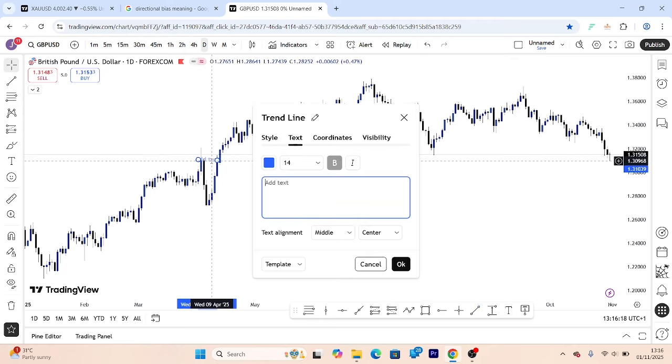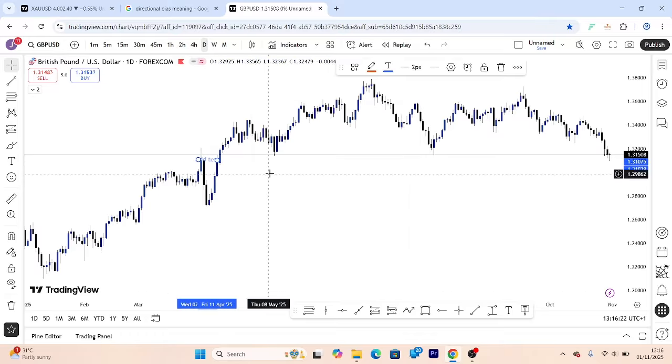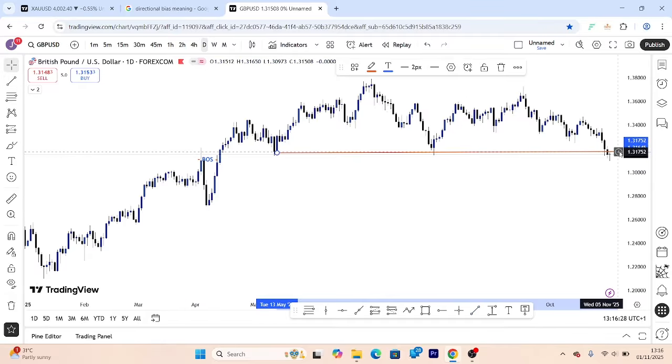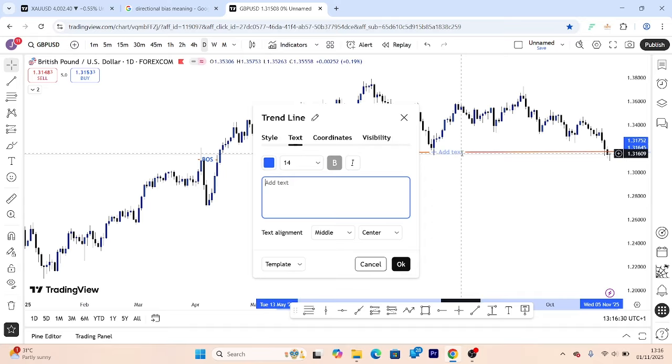This is the break of structure, and this is the inducement.